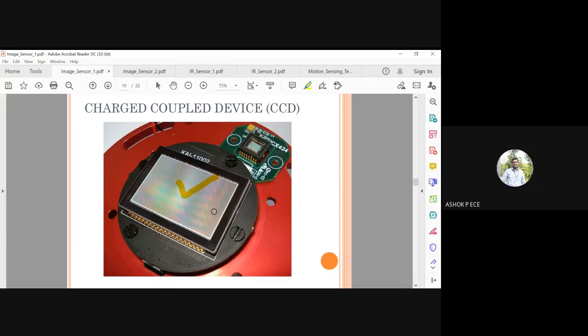That's why when digital cameras came, they were very popular and very costly, because the CCDs inside were able to capture very high resolution images. But with mobile phones having very high-end cameras, digital cameras are not popular nowadays, because a mobile phone has an inbuilt camera with a very decent resolution for taking images.